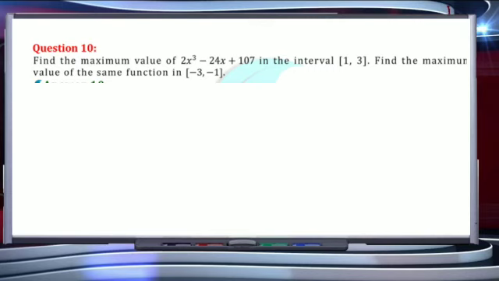Students, we will proceed in a similar way as in the previous questions, from question number 6 to question number 9. First we find the first order derivative and substitute it equal to 0. Whatever values of x lie in the interval will be considered, and we find the values of the function at all these different points. So do this as your homework.